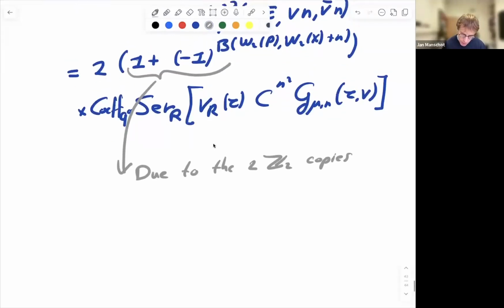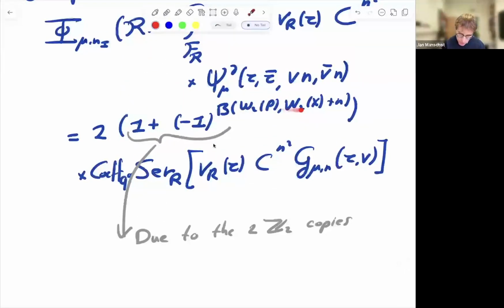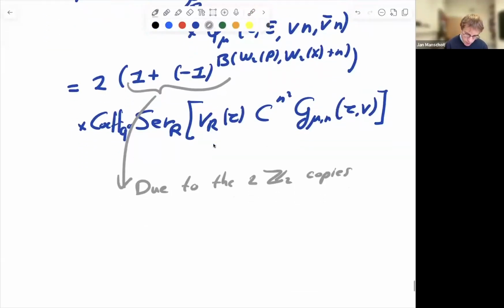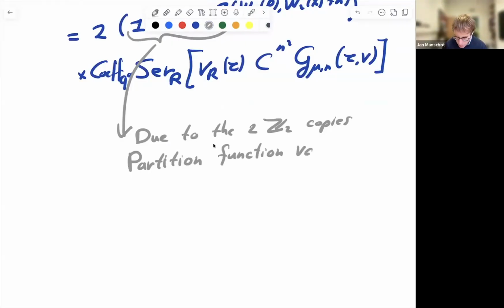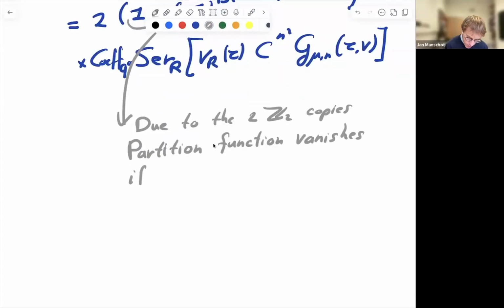And also due to these copies, we see that if this is odd, if there is an anomaly, then actually the partition function vanishes, because then we have 1 minus 1. So the partition function vanishes if there is an anomaly.